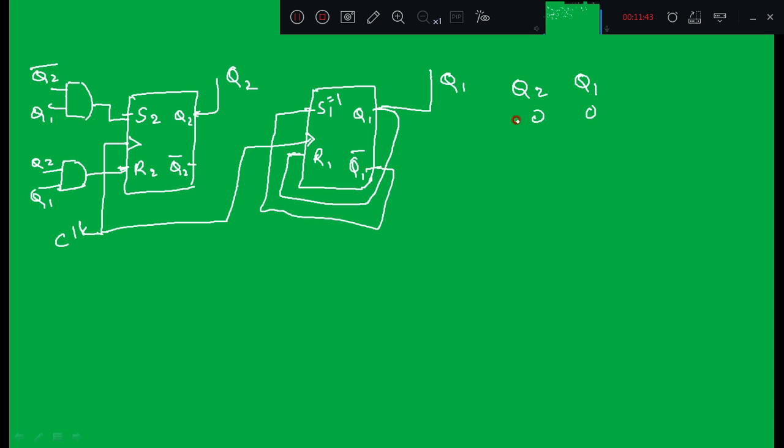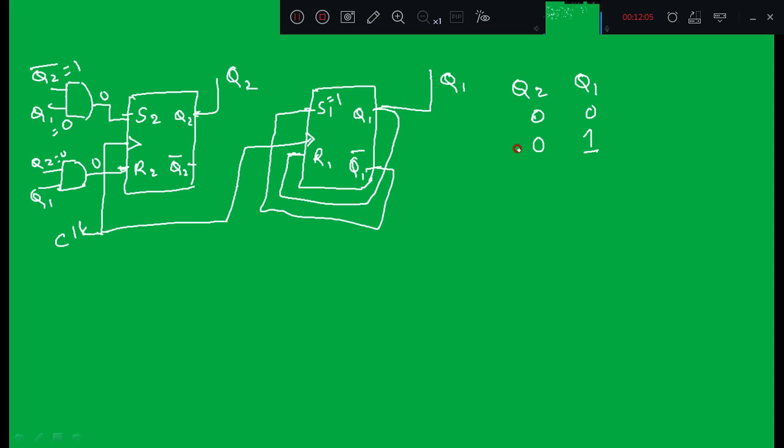So the flip-flop sets and Q1 will be 1. What about Q2? Q2 bar is high and Q1 is 0, so the output of this AND gate is 0. Q2 and Q1 both are 0, so the output of this AND gate is also 0. S2 and R2 are 0, so Q2 remains in its previous state.